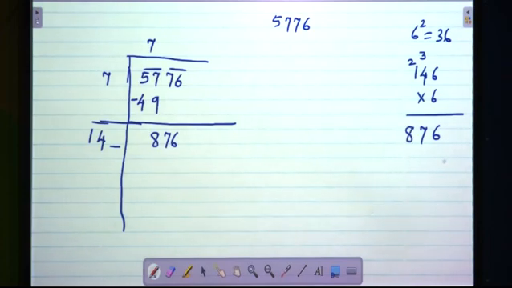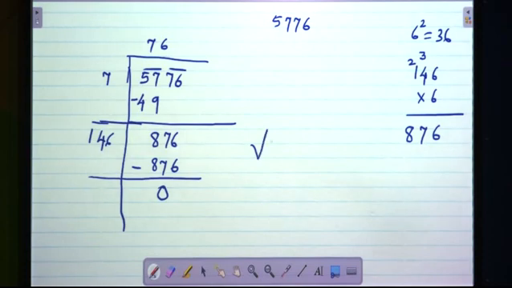It becomes 876. I hope now you are understanding what is required here. The required digit here is 6. 146 6s is 876. After subtracting, I am getting the remainder 0.